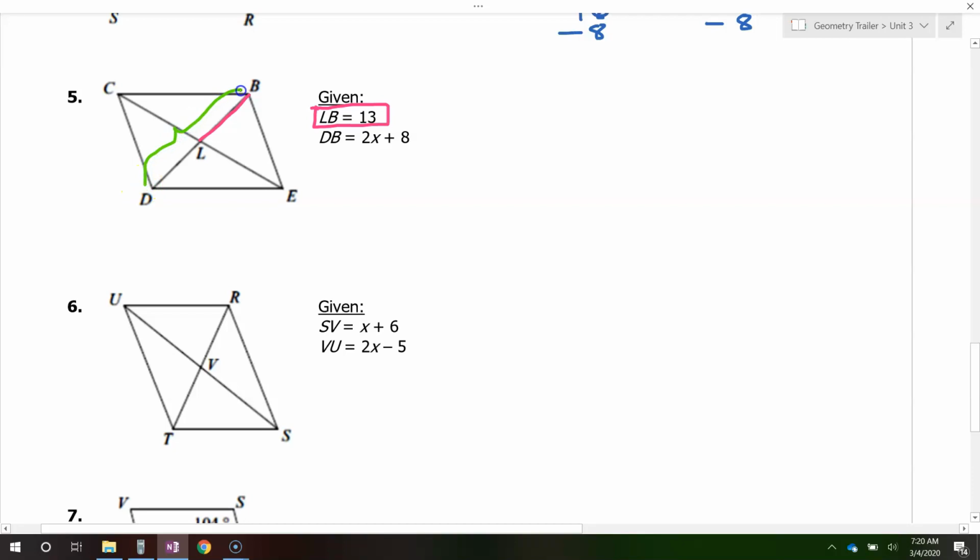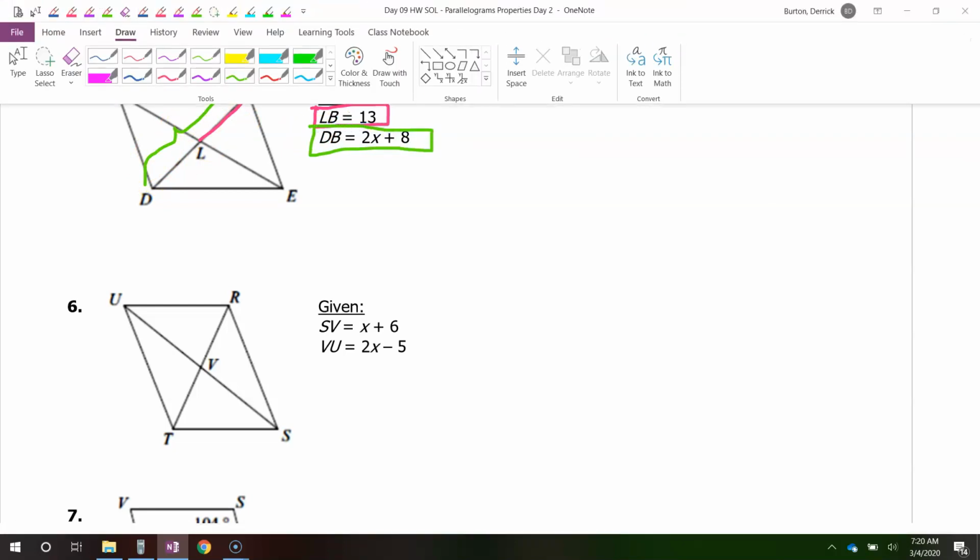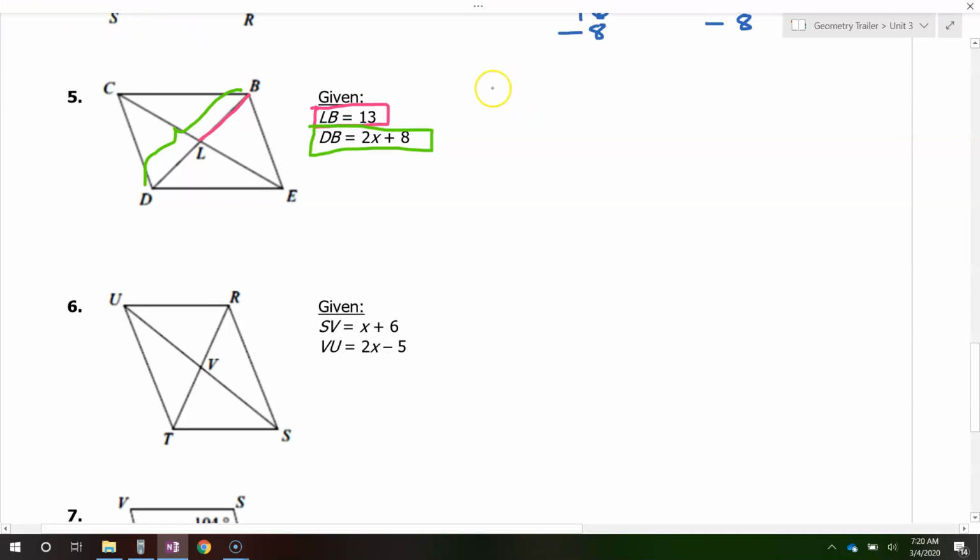All right, so we have a half and a whole again. So we should be doing 2 halves equals a whole again. So let's see. The half is the red, so that is 13.